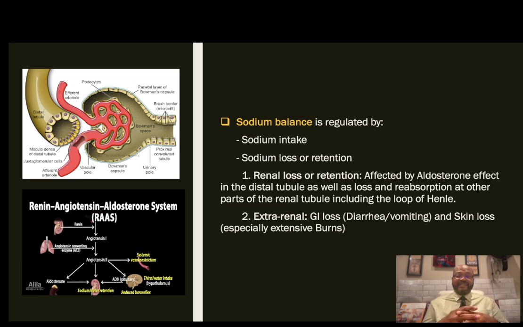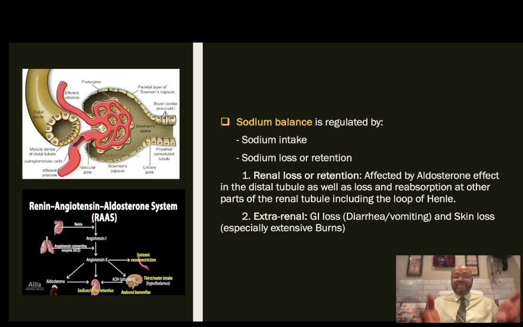Once they sense that, they trigger the renin angiotensin aldosterone system, which causes the kidneys to produce renin, which triggers the secretion of angiotensin that the lungs convert to angiotensin 2, which will trigger the release of aldosterone from the adrenal gland, which at the same time triggers ADH release and helps in modifying sodium or water absorption in the body depending on the situation.